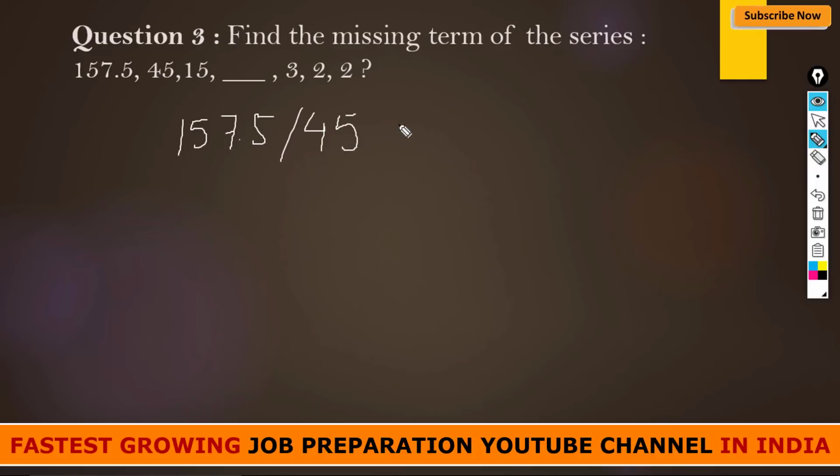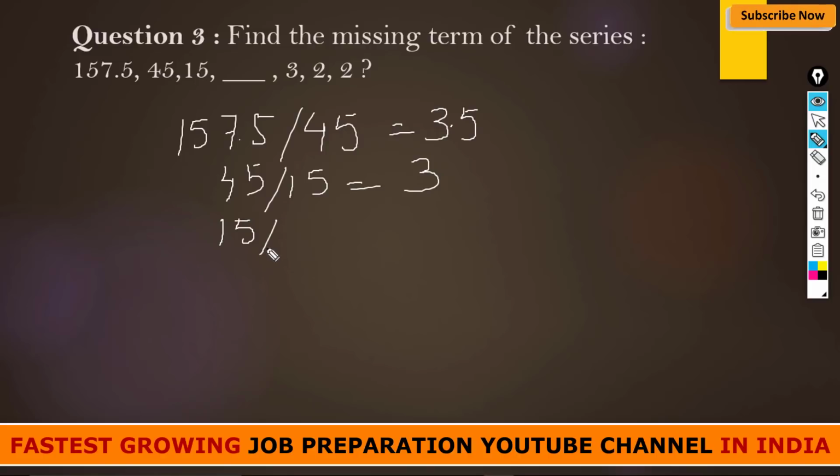Here we get 3.5. Now again 45 divided by 15 equals 3. Then let us take the missing number to be n. So 15 by n should be a number which we don't know. Let us give a question mark over here. The next number is 3, 2. So n by 3 equals question mark.